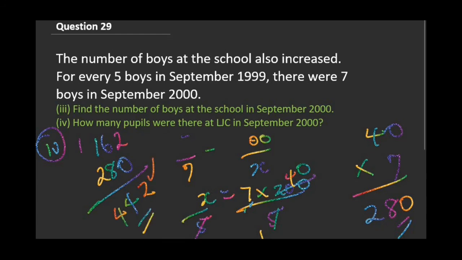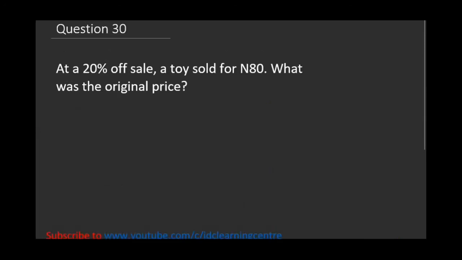Question 30. At a 20% off sale, a toy sold for 80 naira. What was the original price? Let the original price be 100%. At a 20% off sale, okay, so if they gave a discount of 20%, the new price will be 100 minus 20, 80%, equal to 80.